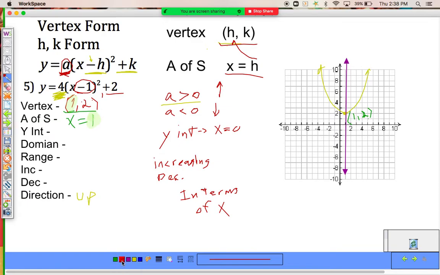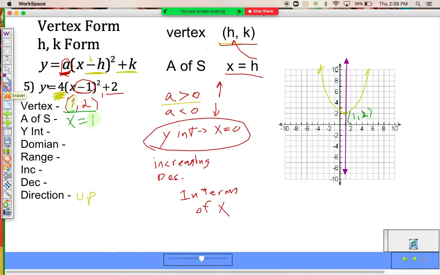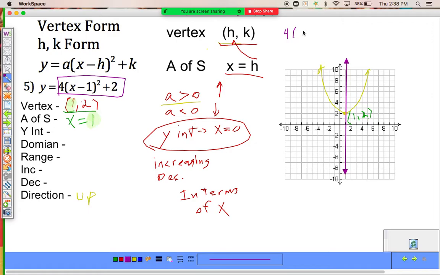All right, y-intercept. We said to find the y-intercept, we make x equals 0. So I'm going to take, let me erase some stuff because it's getting ugly. This equation and put a 0 into x and evaluate.